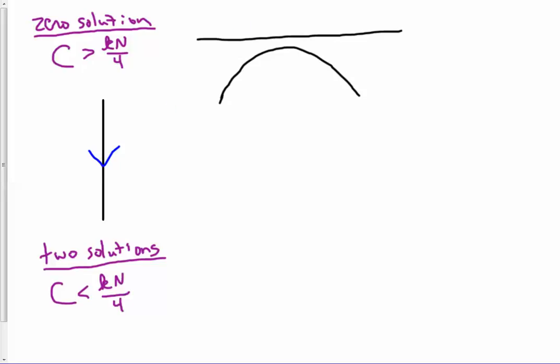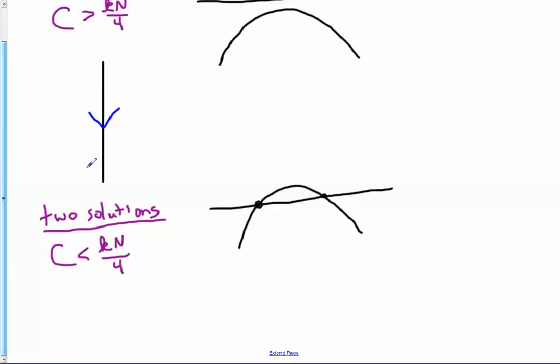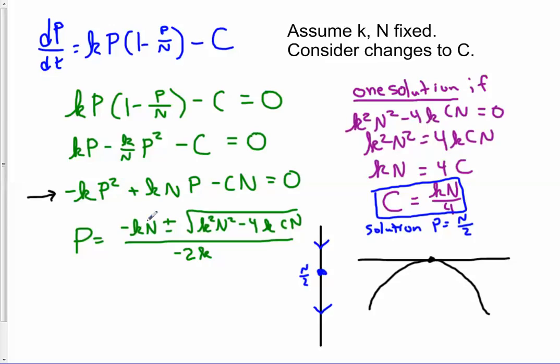In terms of the parabola, that's where the parabola does creep over the axis and we get our two answers, right? And in terms of the phase line, sorry, I'll put it over here. Yeah, we will just get two solutions. Not exactly sure where they are. Again, it would come from whatever this expression gives us.